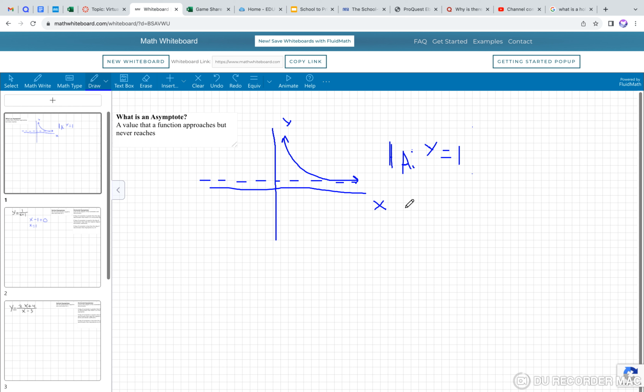And we can also see a vertical asymptote. This graph is approaching a value of x equals 1. A vertical asymptote.